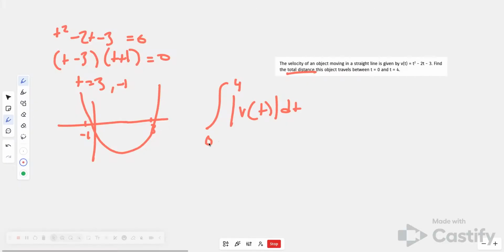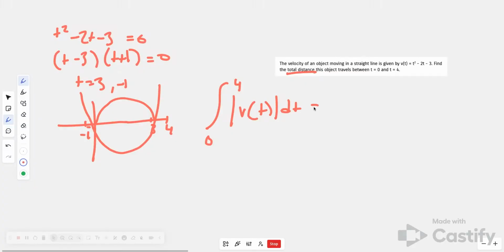And because we want the integral from 0 to 4, 4 is our upper limit, so we're going to have to separate this into two different integrals. So the first one would be the one from 0 to 3, and we would have to flip this so it looks like this after we reflect across the x-axis.